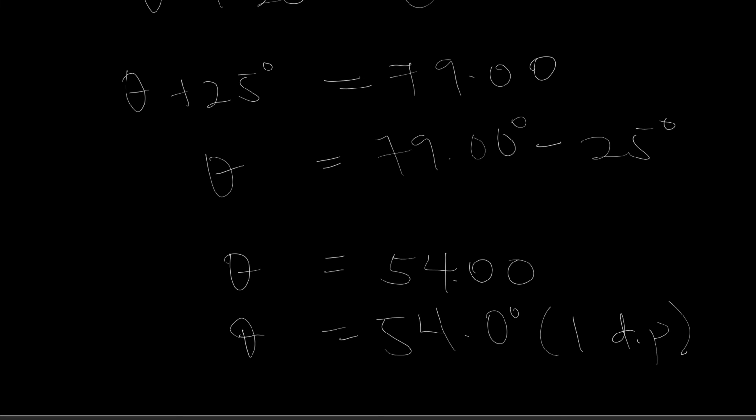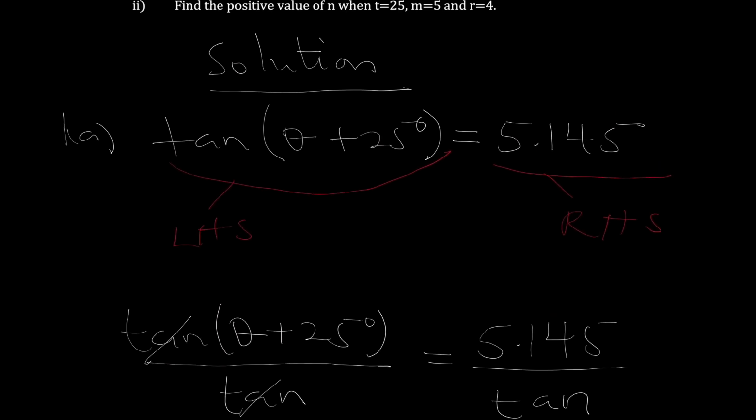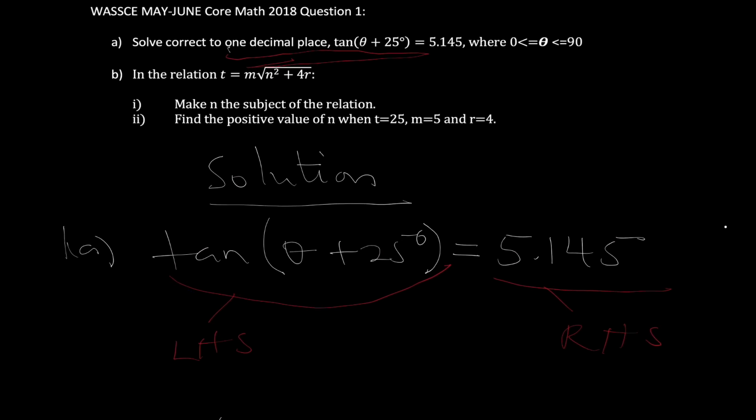Okay, so moving on to the second question, which says in the relation t is equal to m times the square root of n squared plus 4r, make n the subject.